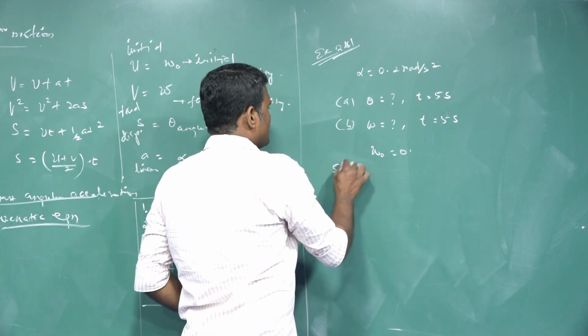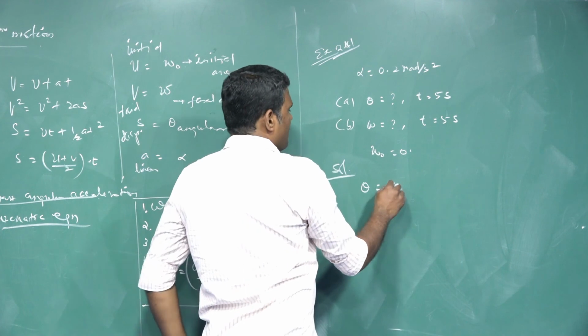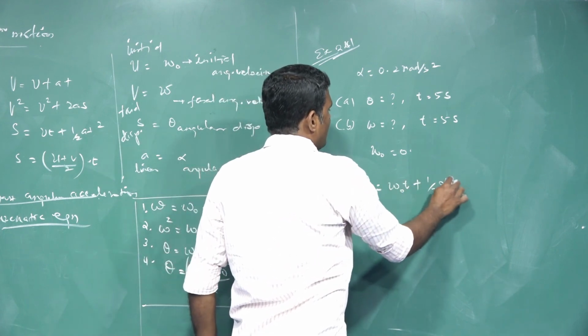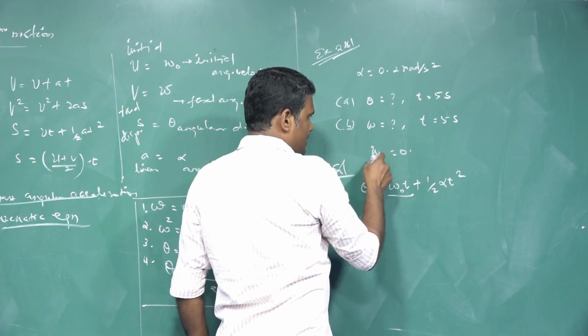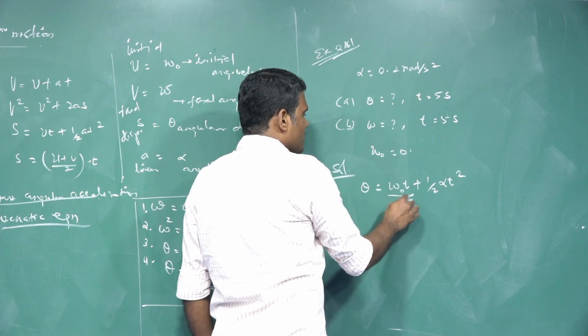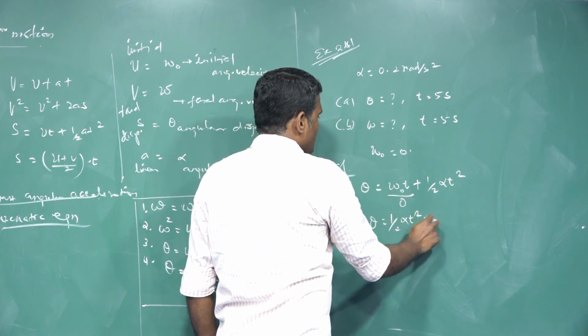In order to calculate the angular displacement theta, I can write theta equals omega naught t plus half alpha t square. And it is mentioned omega naught, initial angular velocity, is 0. So this term goes as 0. Theta will be simply equal to half alpha t square.